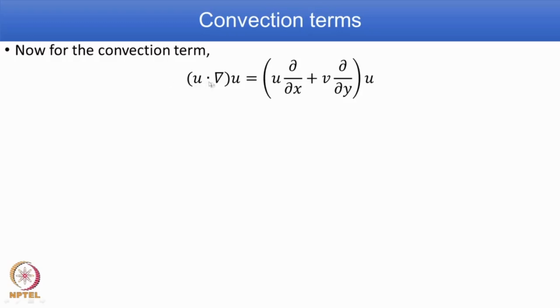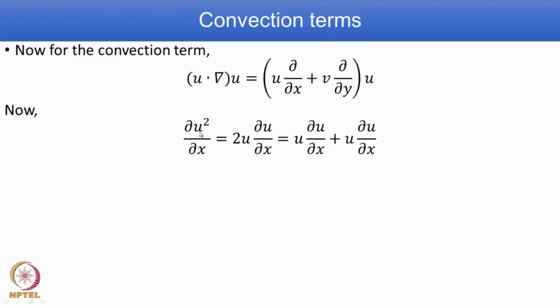So, u dot del of u is written as u into dou by dou x plus v into dou by dou y of u. dou u squared by dou x equal to 2 into u dou u by dou x, equal to u dou u by dou x plus u dou u by dou x.